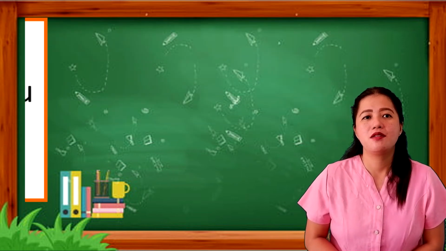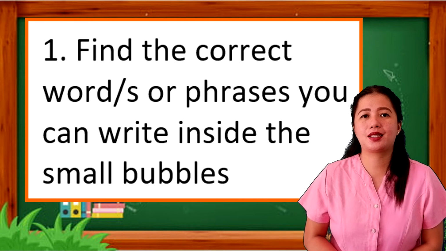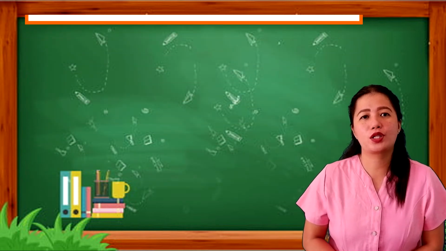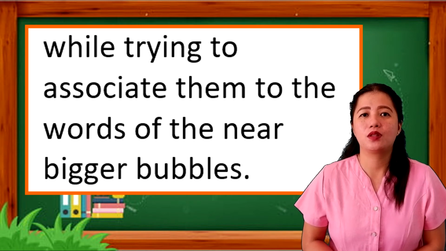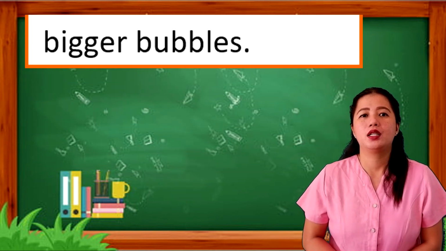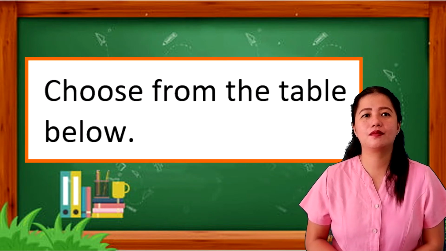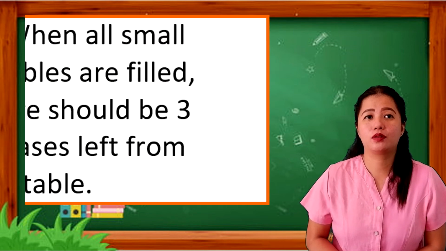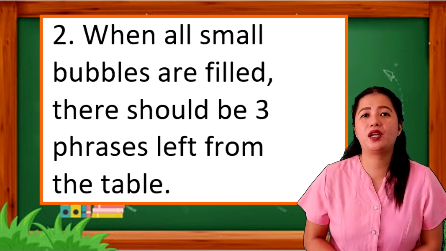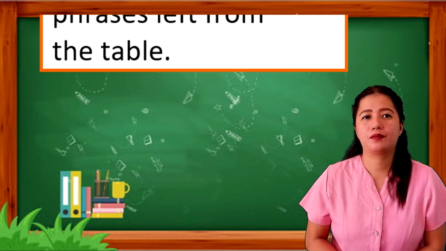Number 1. Find the correct word or words or phrases. You can write inside the small bubbles while trying to associate them to the words in the nearby bigger bubbles. Choose from the table below. Number 2. When all small bubbles are filled, there should be 3 phrases left from the table.